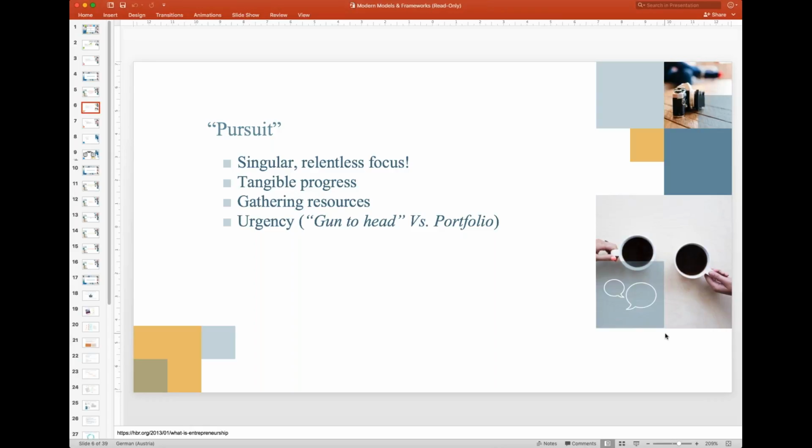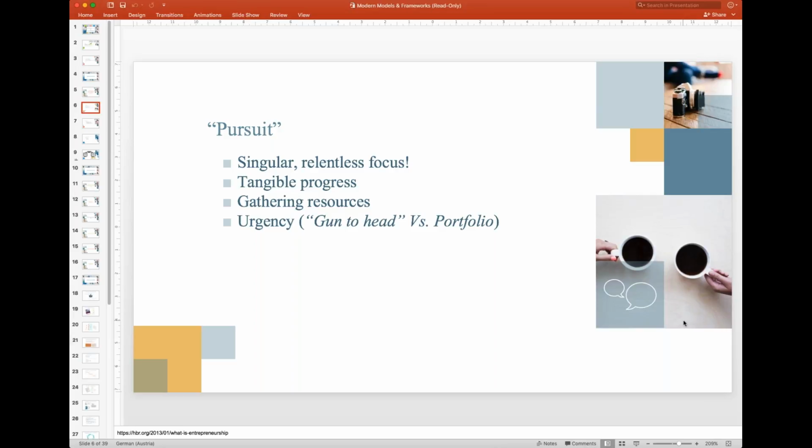And we have this saying here in the center that we've never seen an entrepreneur fail because he over-focused. On the contrary, we see many entrepreneurs fail because they are not able to focus enough. They are too broad in their pursuits.